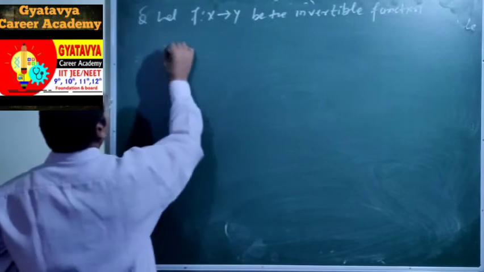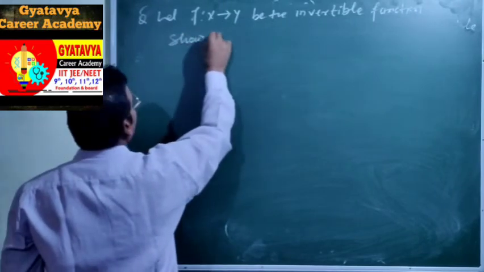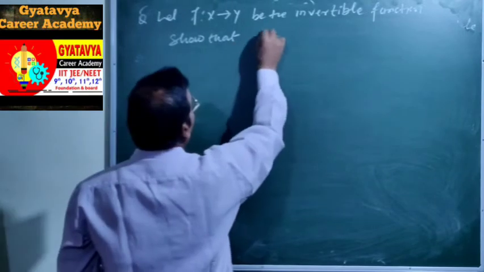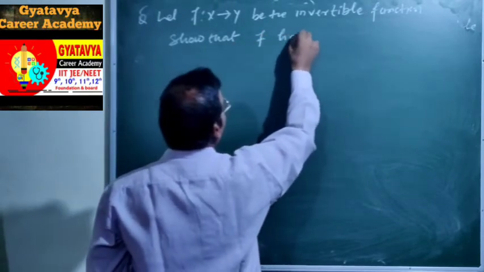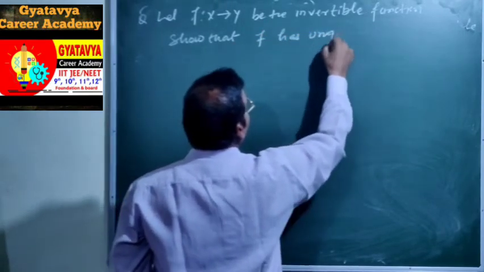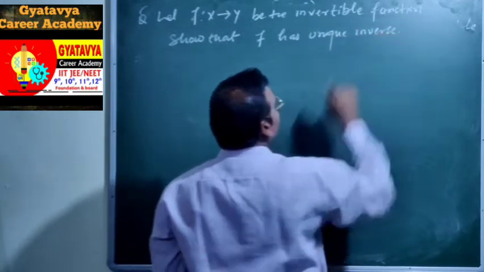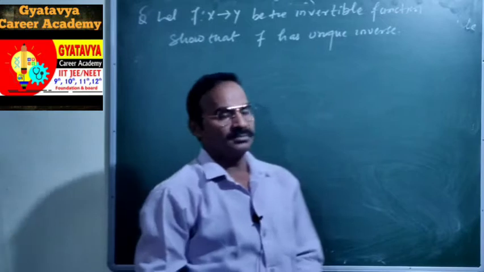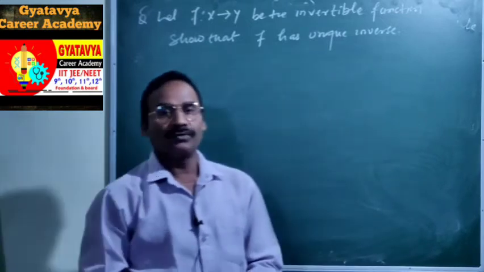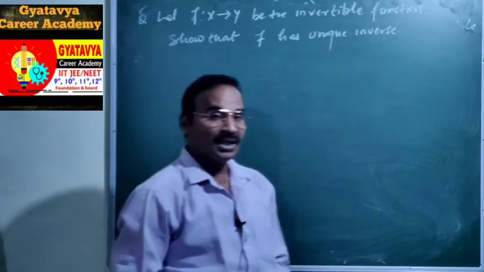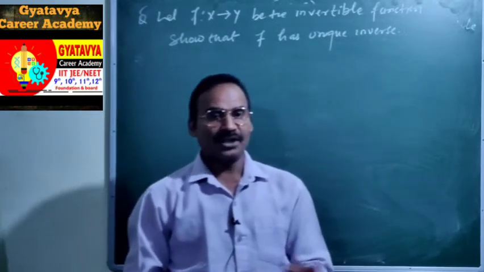Show that f has a unique inverse. Such types of problems we solve by the contradiction method. You have to prove the inverse is unique, that f has a unique inverse.